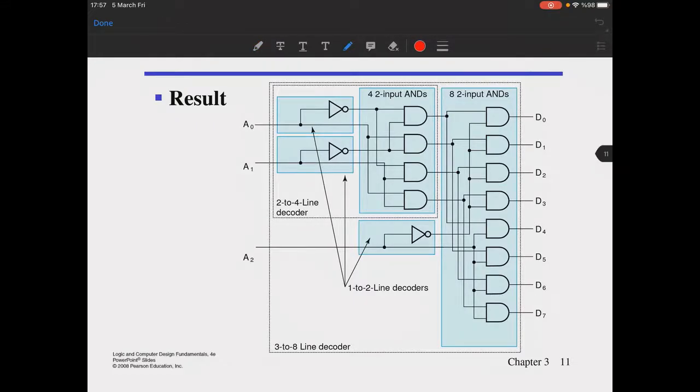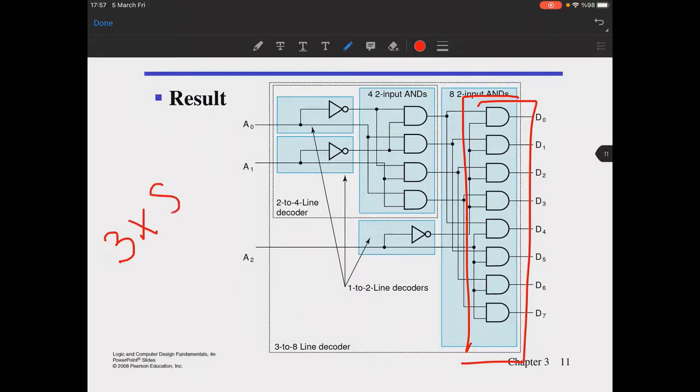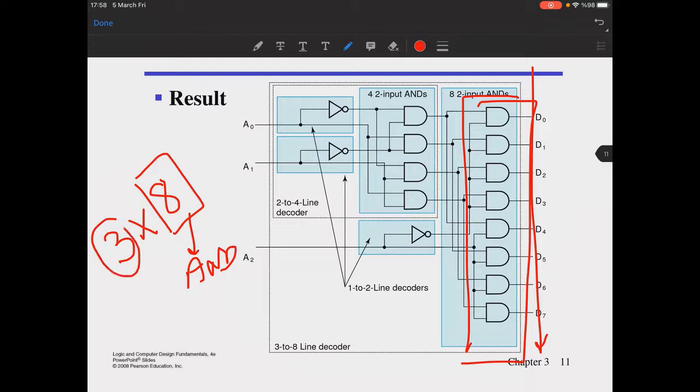Like you see, at the output, it is a 3 to 8 line decoder here. It means that you will have an 8 AND gate level here for the outputs, and you need to have 3 inputs for that box. Okay, it would look like this: 1, 2, 3, 4. And what is inside that box will be your design. Okay, this is your basic 2 to 4 line decoder.